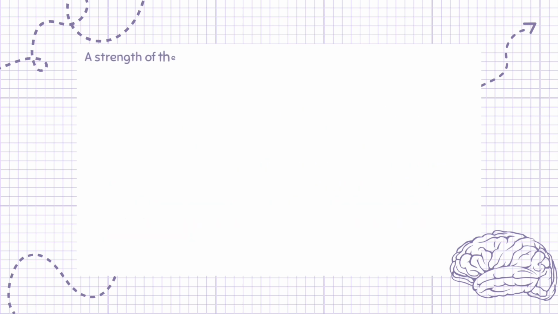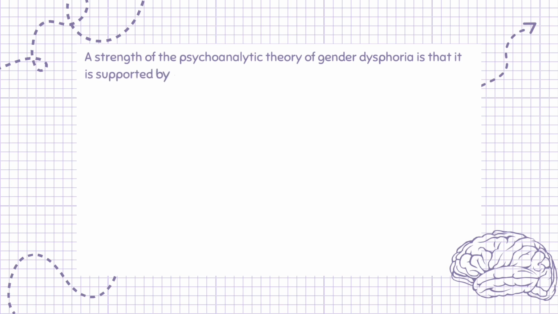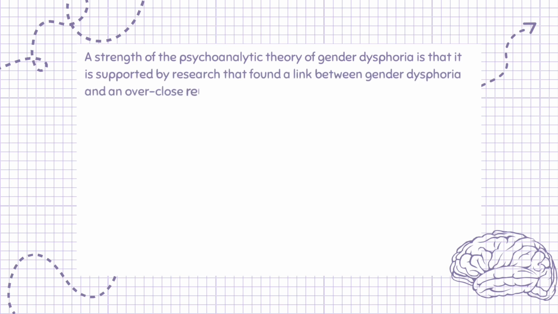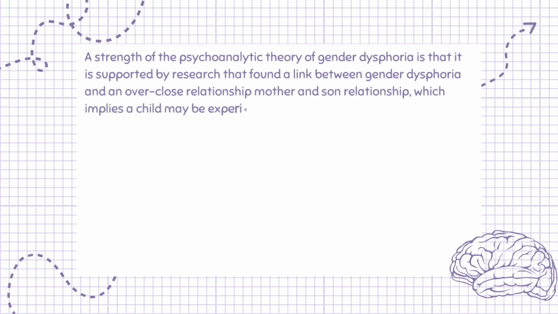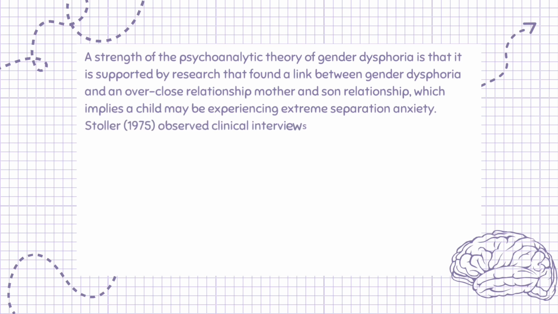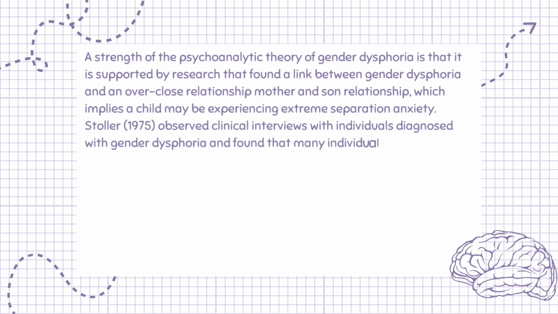A strength of the psychoanalytic theory of gender dysphoria is that it is supported by research that found a link between gender dysphoria and an overclose mother and son relationship, which implies a child may be experiencing extreme separation anxiety. Stoller, 1975, observed clinical interviews with individuals diagnosed with gender dysphoria and found that many individuals displayed overly close mother-son relationships.